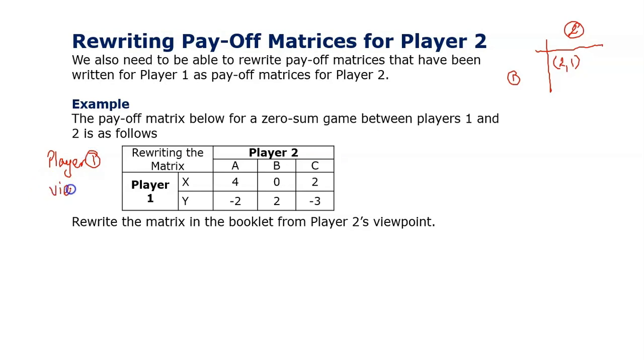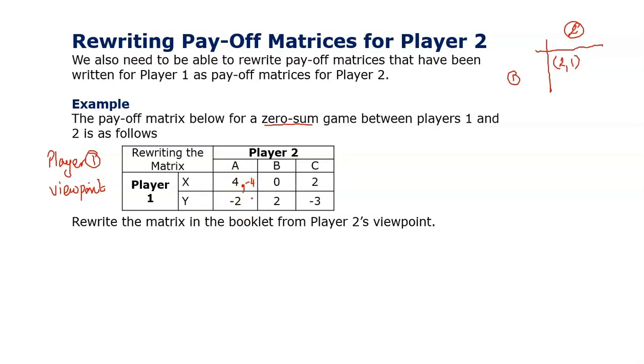and it's their viewpoint. So in other words, we know when player 1 plays X and player 2 plays A, player 1 wins 4 points. Now, because it's a zero-sum game, of course, I can know what happens to the other person. And because it's a zero-sum game and it's been written properly, I suppose that's the critical thing as well, really I can think of this as being 4, minus 4.